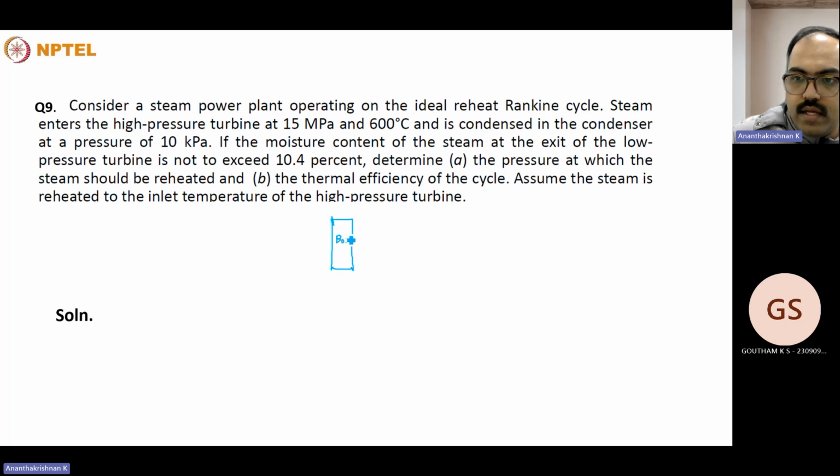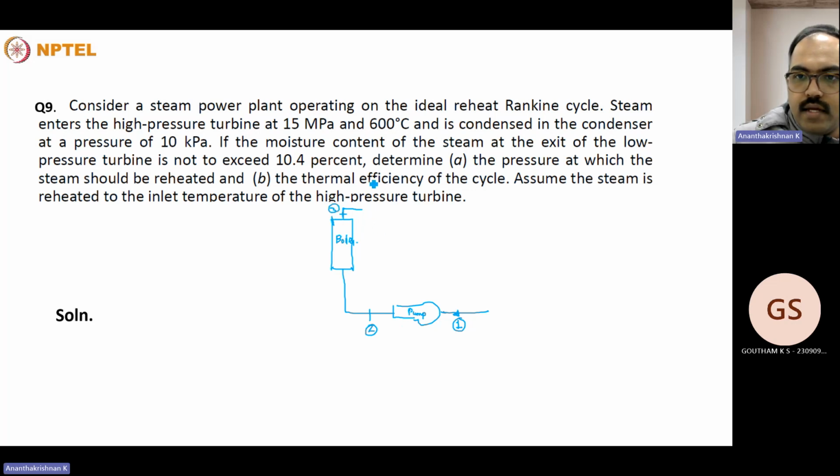Consider the boiler, and the input to the boiler comes from the pump. So the input to the pump will be at state point 1 and exit at state point 2. And then the boiler, exit of the boiler at state point 3.